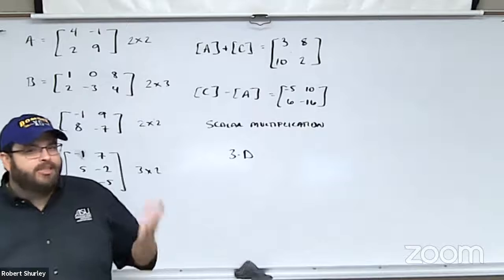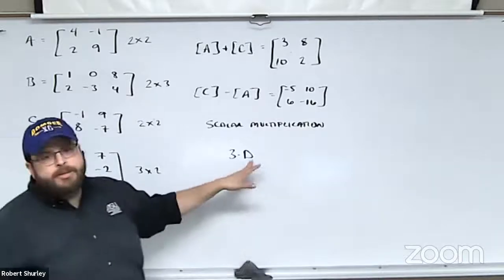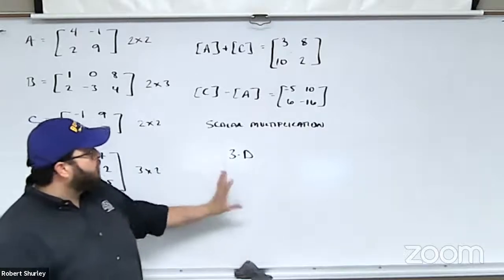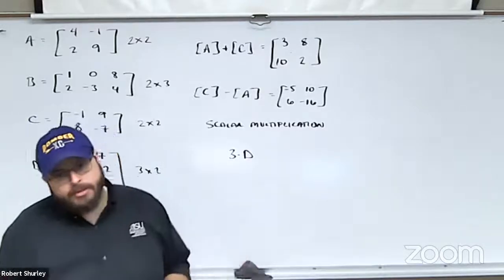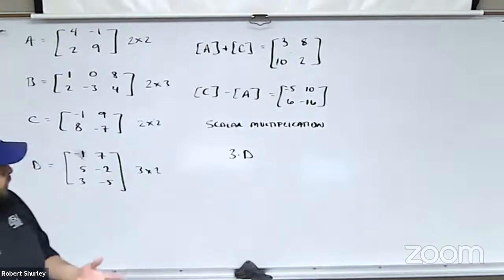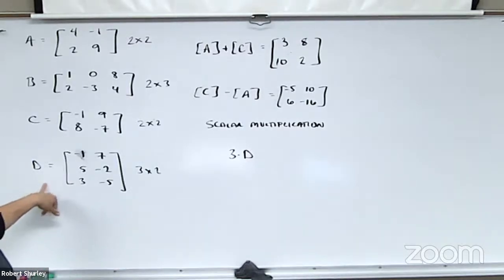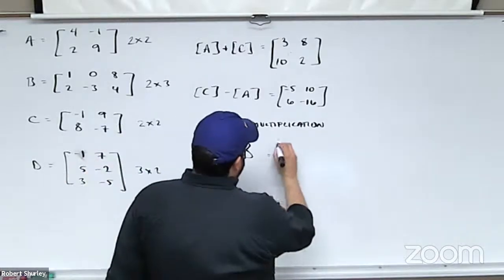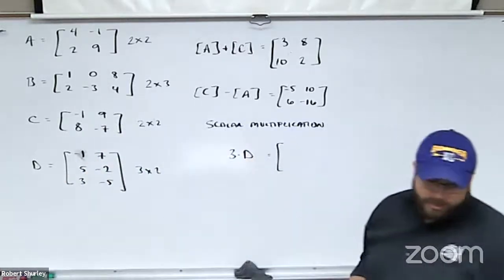I just multiply 3 to every position inside matrix D. Very straightforward. So I'm going to multiply every position by 3 because that's the scalar number that we're multiplying by.